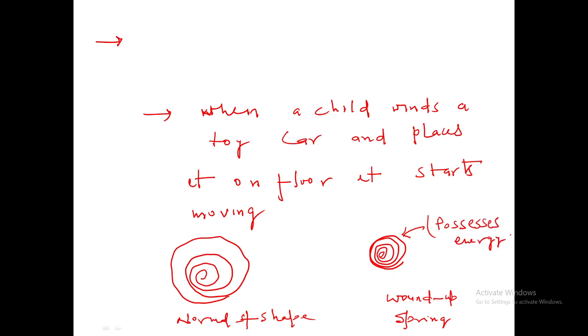Energy. So when the wound up spring gets released to return to its original shape, it turns the wheels of the toy car and brings them in what? Motion. Thus we can say that a wound up spring can do work by virtue of change of its shape.